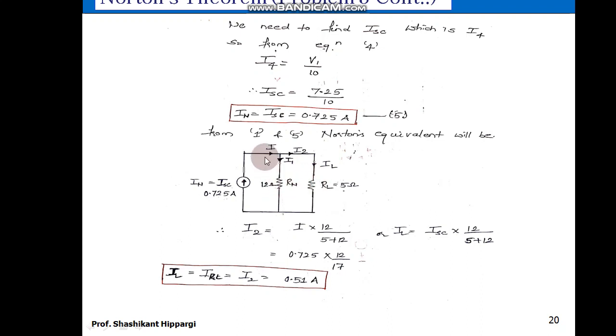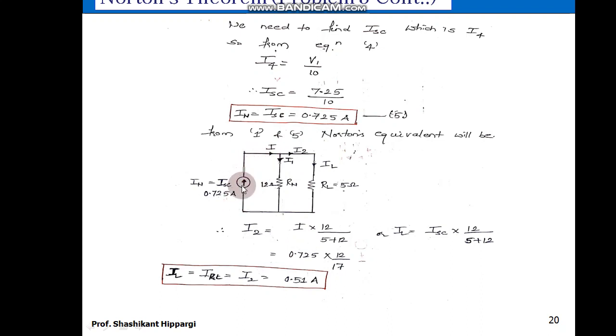So the current entering the node multiplied by the resistance in which I am not interested, so 12 ohm, divided by the total resistance or the summation of these two resistances, it will be 5 plus 12. Therefore IL will be equal to I, which is already calculated, 0.725.